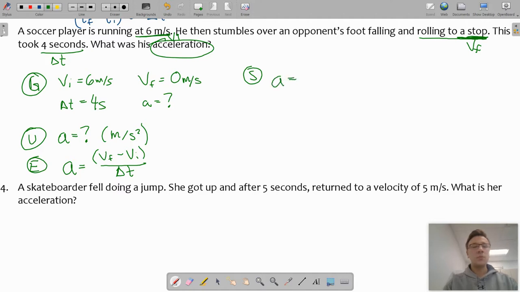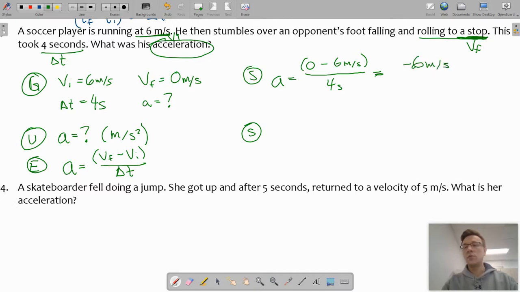So the final velocity in this case is 0 meters per second minus the initial, which is 6 meters per second. So you can see here we're going to end up with a negative number in the numerator. And then in the denominator, we have 4 seconds. So this is going to end up coming out as negative 6 meters per second over 4 seconds.